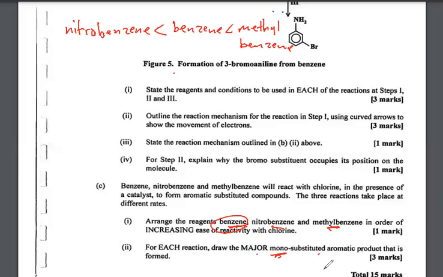I just want to see if you interpret it correctly. It says for each reaction. So when it says for each reaction, how many reactions are you going to do? Sir, 3. Right, 3. And which positions are you going to occupy in each of them?